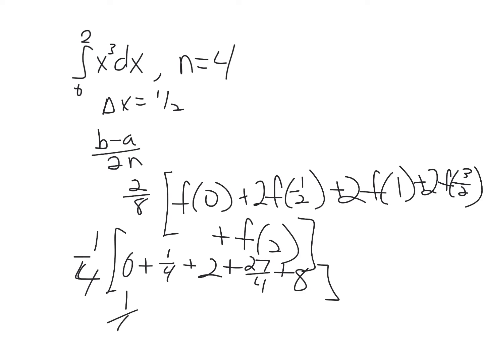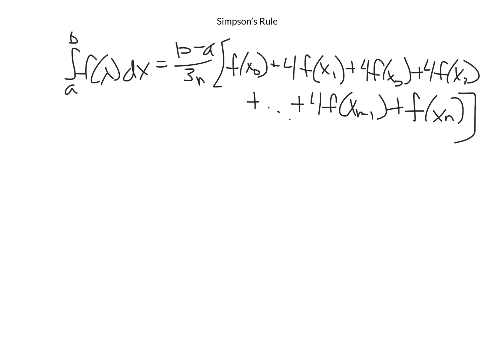Add them up. What's the inside add up to? That'll get us 17. 1/4 times 17 will get us 17 over 4. And there's your solution.